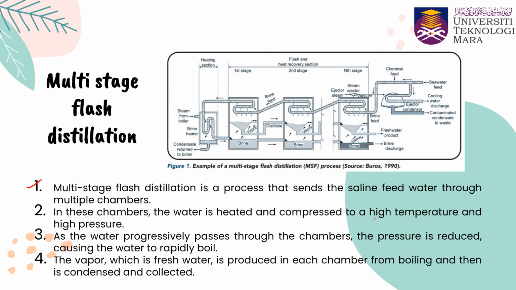As the water progressively passes through the chambers, the pressure is reduced slowly, causing the water to rapidly boil in the chamber. Lastly, the vapor, which is the fresh water, is produced by each chamber due to the boiling process. The condensed vapor will be collected in the freshwater tank, the clean water tank.